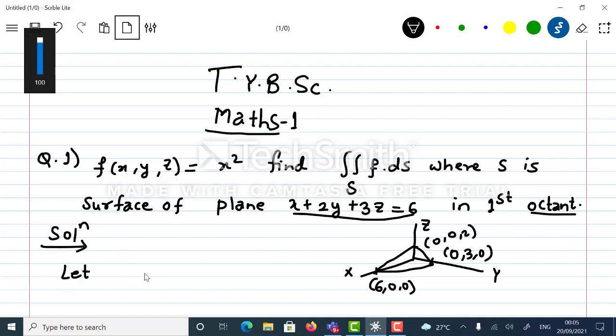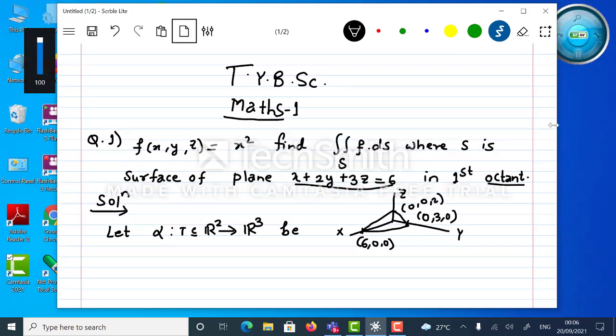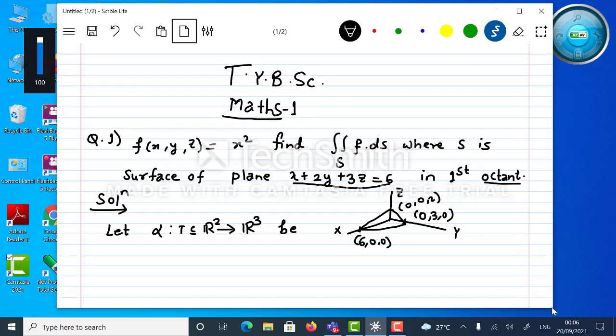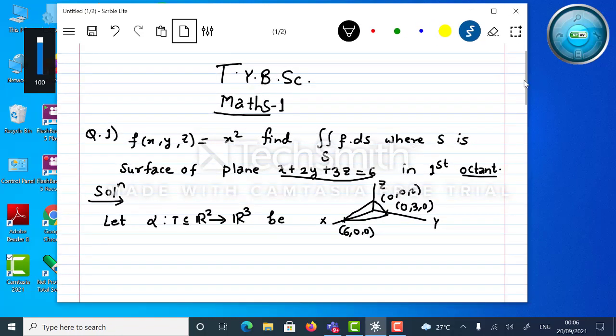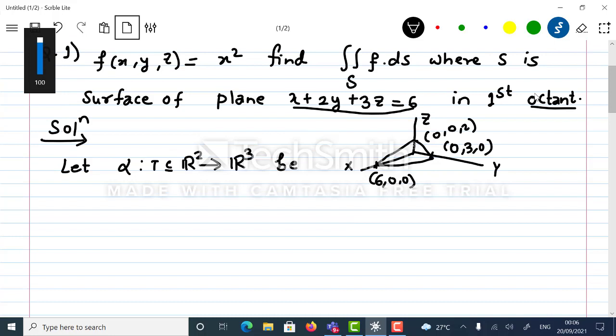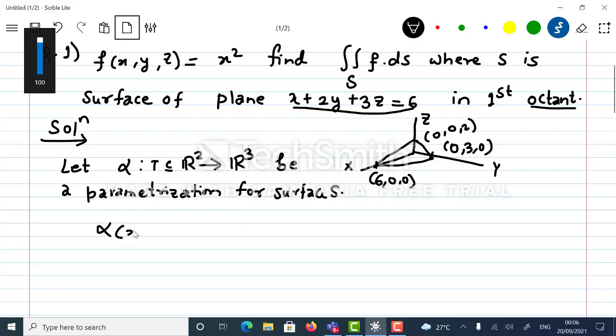So let alpha from T subset of R2 to R3 be a parameterization for the surface S. So this R3 basically we are parameterizing for the surface S. So let me define what is alpha of x comma y.